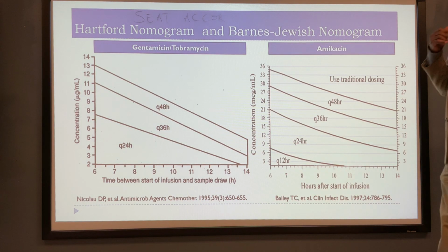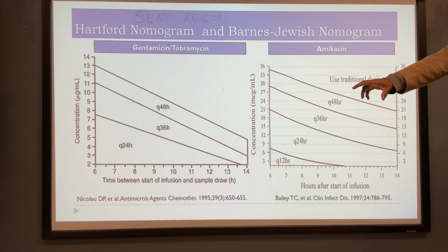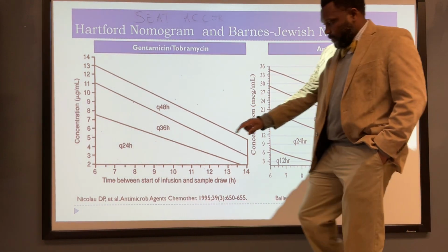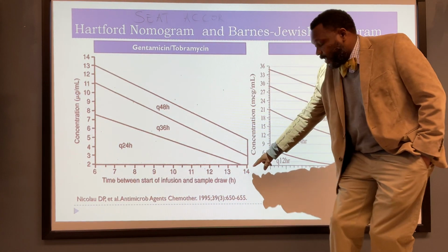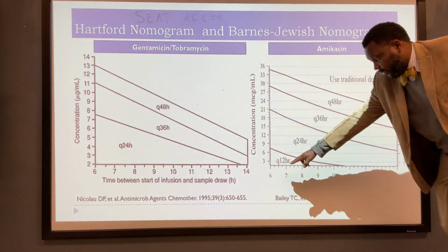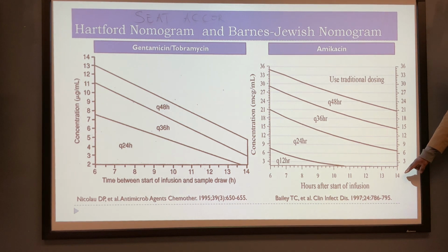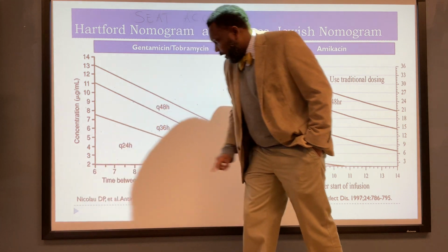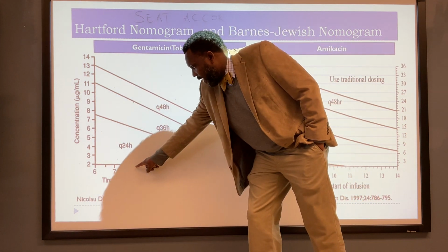I mentioned it was a nomogram, so not only is it a weight-based approach, once you get that post-dose level, 6 to 14 hours post-dose, you plot it on this figure here. Let's say the value is 8 and it was obtained 8 hours after.